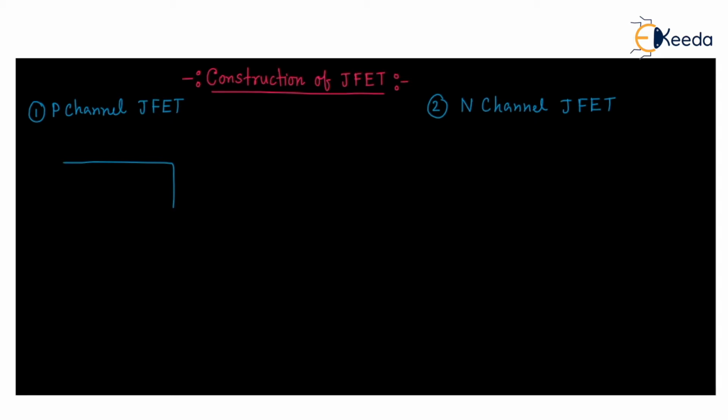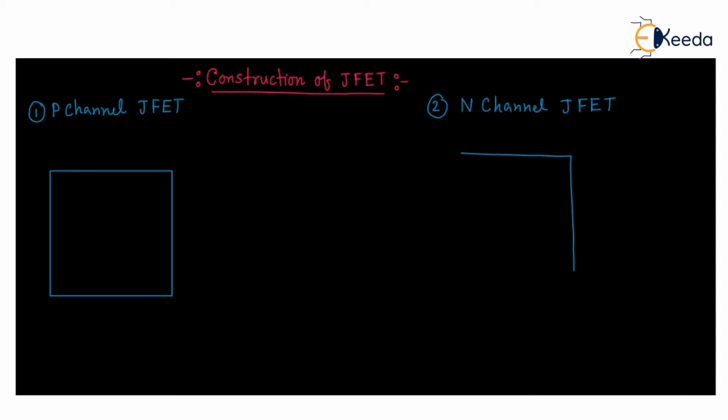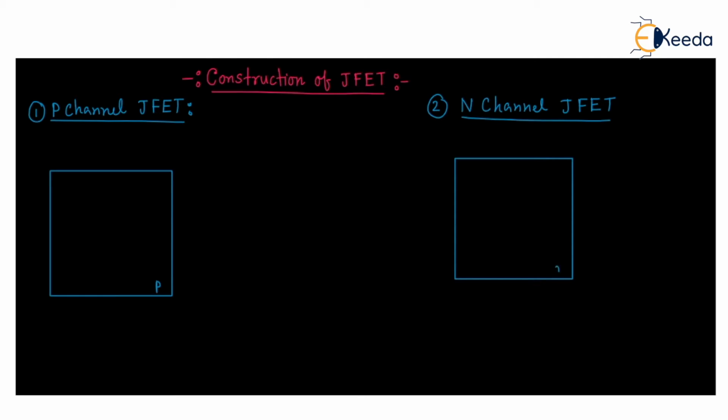There will be a P-type substrate like this, and there will also be a substrate here for the N-channel JFET. For P-channel JFET, the substrate will be of P-type material, and for N-channel JFET, the substrate will be of N-type material.